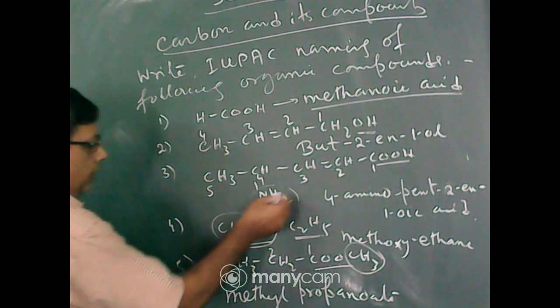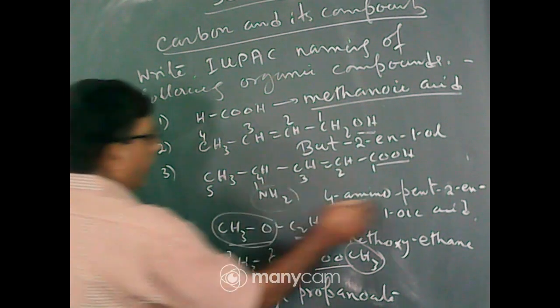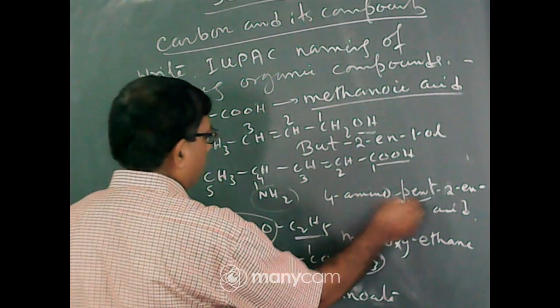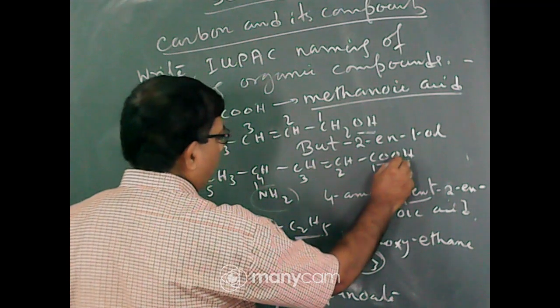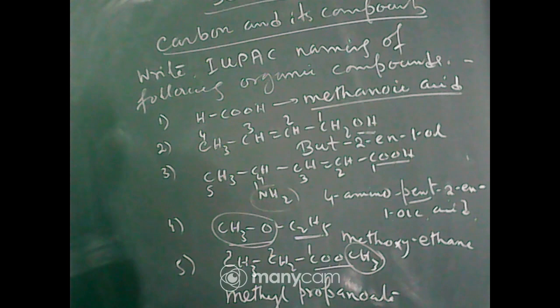Third one, this has the side chain amino group at carbon number 4, so 4-amino, total number of carbons 5, so pent, the root word, double bond at carbon number 2, so 2-en, and functional group at carbon number 1, so 1-oic acid. So 4-amino-pent-2-en-1-oic acid.